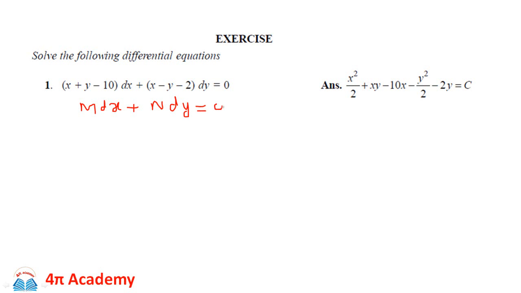You have to test whether it is an exact differential equation, and by revising the steps of solving the exact differential equation, try to find out the answer for this question. I have also provided you the answer, and try to see whether your answer matches with it. Okay, so thank you.